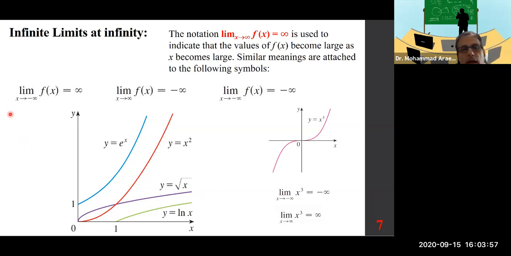Y equals ln x goes that way. Y equals square root of x. All of them, when x goes to infinity, go to infinity. But of course, some are faster than the others. Nevertheless, the infinite limits at infinity.